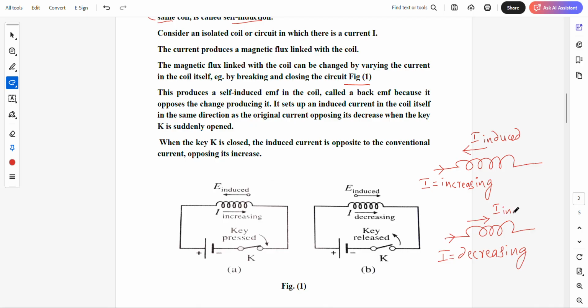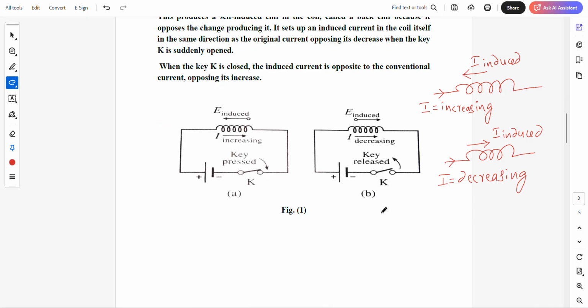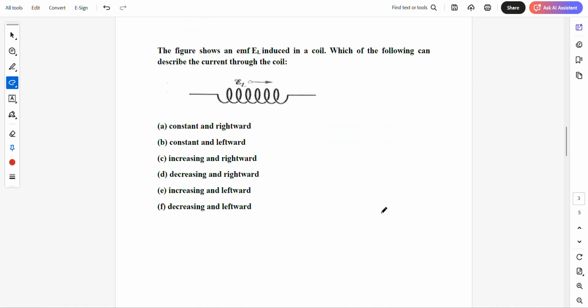I increasing, I induced will be in the opposite direction. I decreasing, I induced will be in the same direction. Understood? Hope you understood. If the key is pressed, I increases. If the key is released, I decreases. Now, with this concept, we will try to learn the solving of problems.